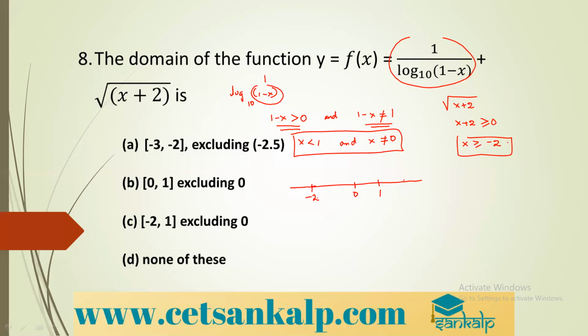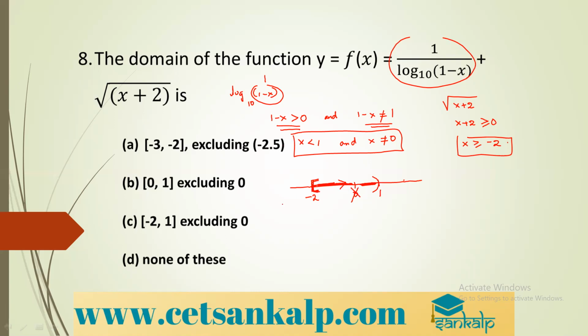So x is equal to minus 2, you put a square bracket. X is greater than minus 2, going this way. X is not equal to 0. And x is less than 1, just less than, 1 is not included.